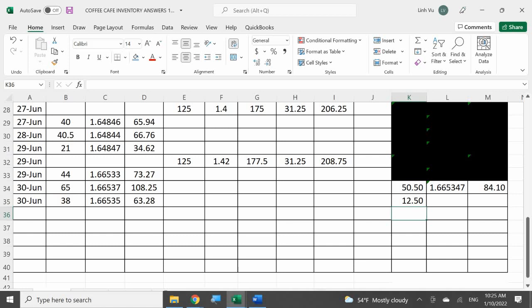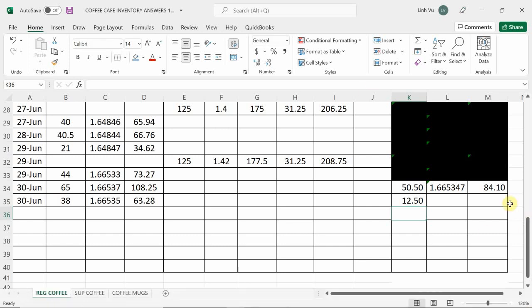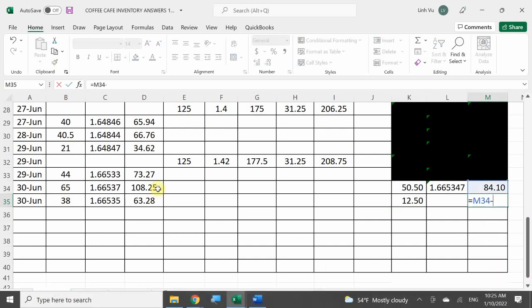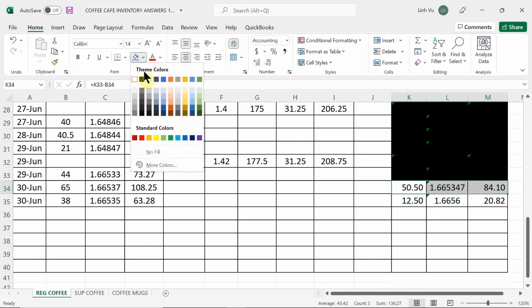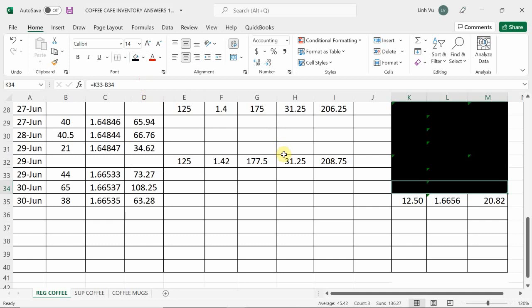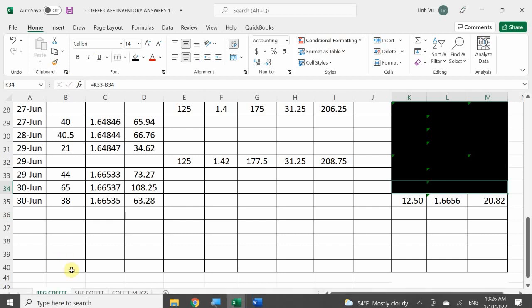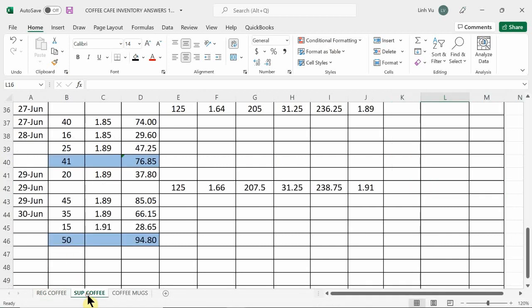So now you have left 12.5 pounds, at a grand total of $20.82. Okay. Supreme coffee.